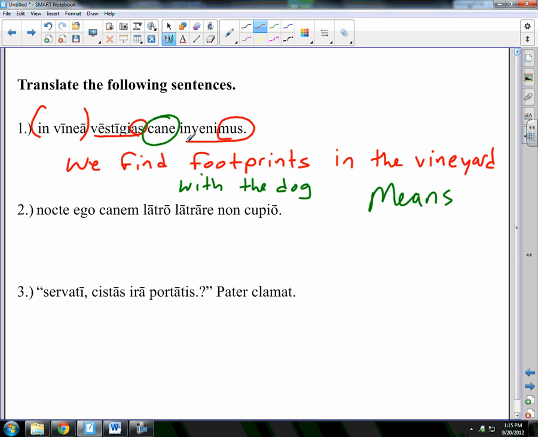Looking at the next sentence. Nocte is an ablative by itself. Ego looks like it's going to be my subject. Panem is accusative. Latrari is, of course, my infinitive. Cupio, my verb. That's telling me that I is the subject. What am I doing? I want. That's the verb, cupio. I want to wash.